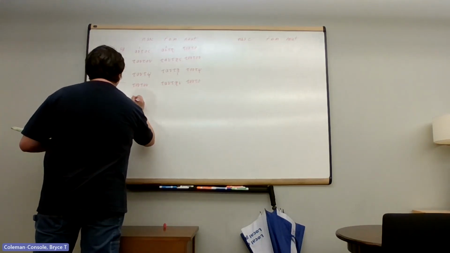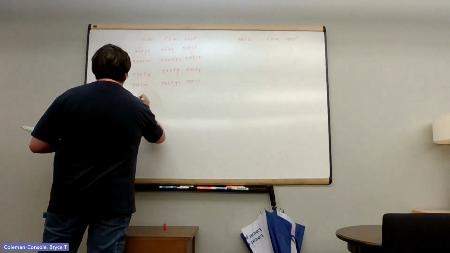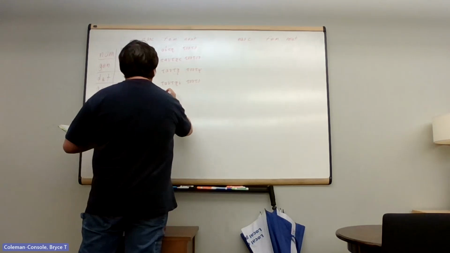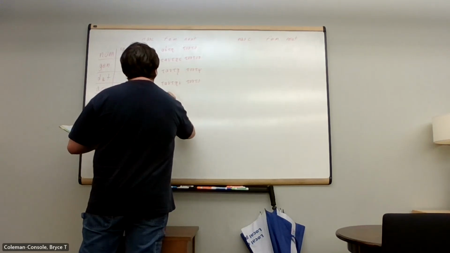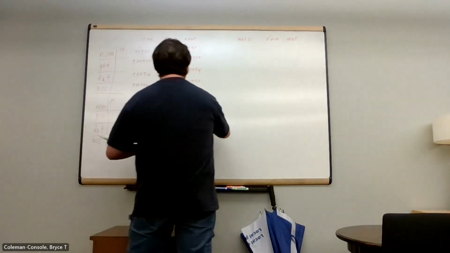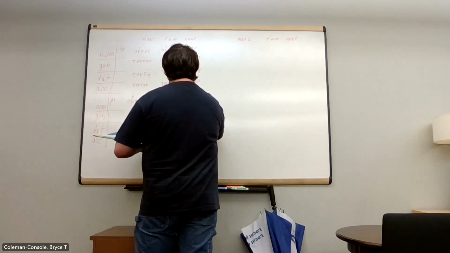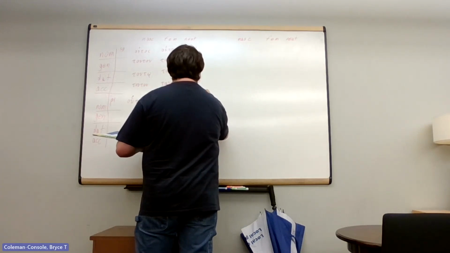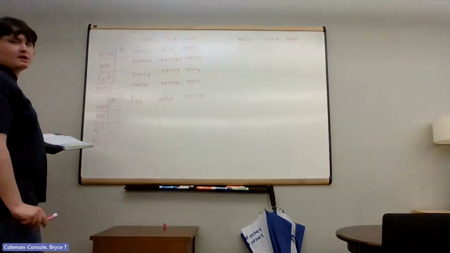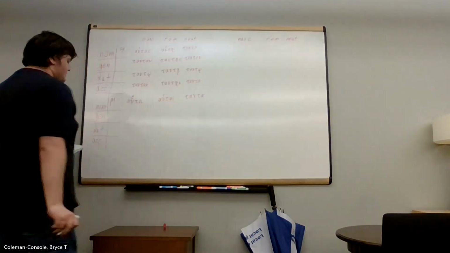So now we get some pretty standard stuff. We have houtoi, hautai, and tauta. So you might be wondering, why is it ou now?